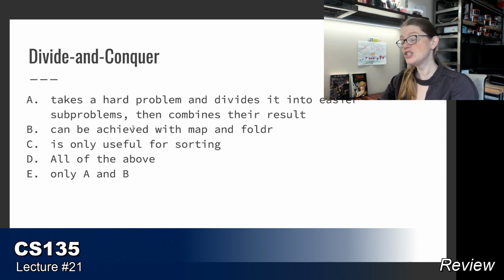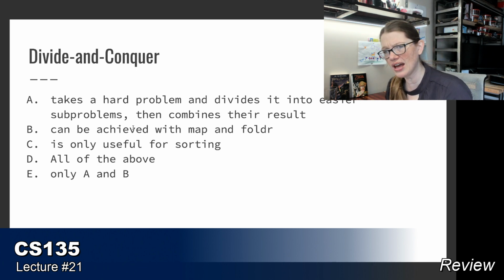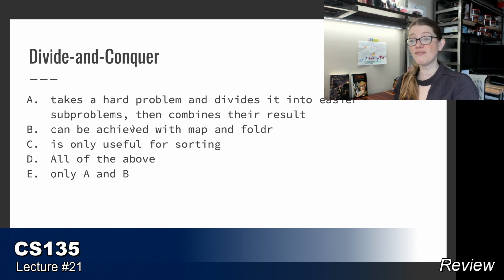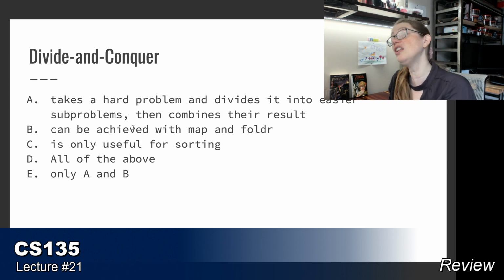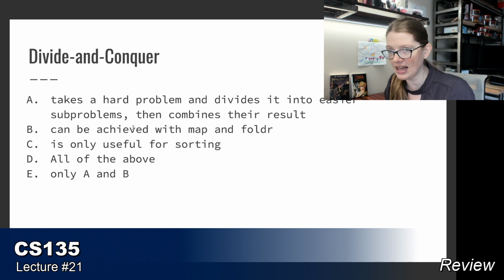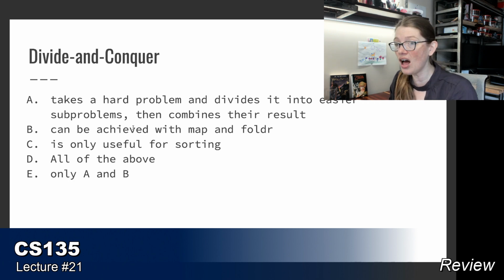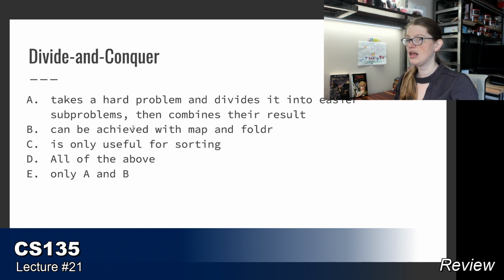So I could just process each pixel one by one, and it'll take a really long time. But what I actually want to do is subdivide the image into smaller images, process the smaller images in parallel, that means at the same time, and then combine the results all back together again. I can process that image a lot faster.